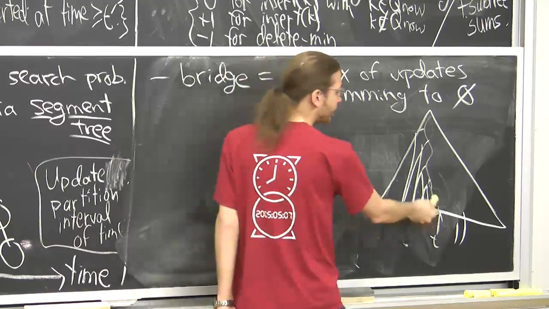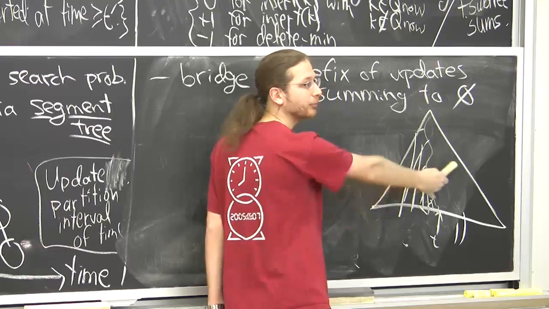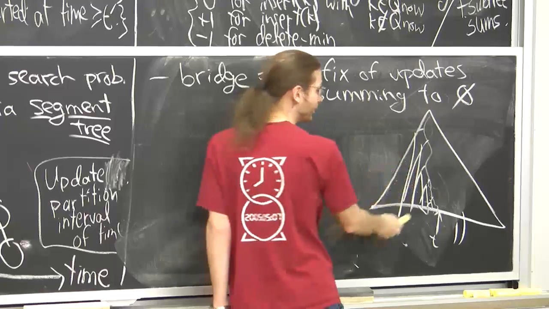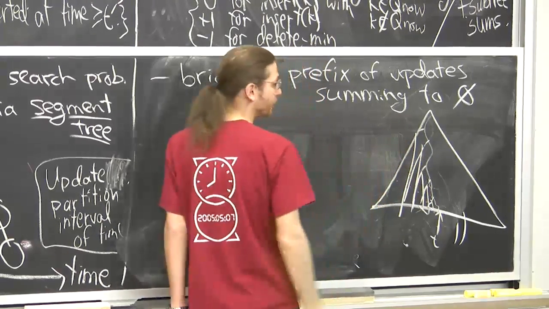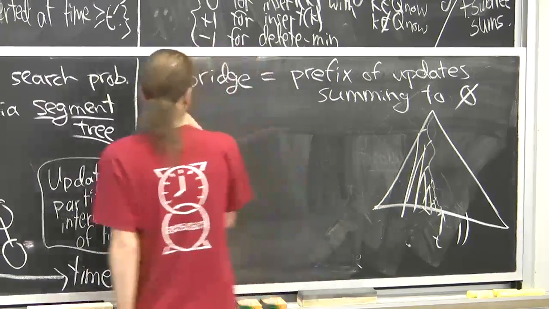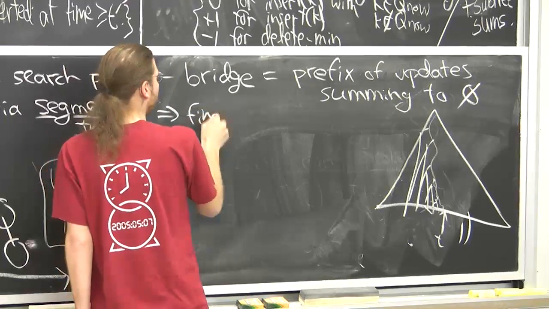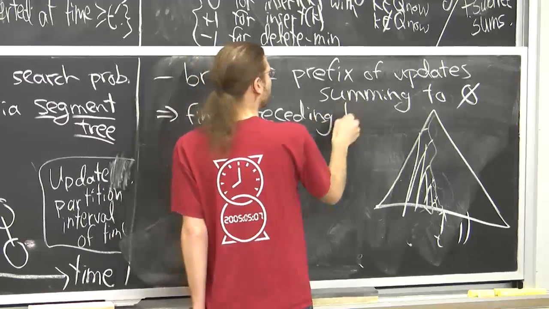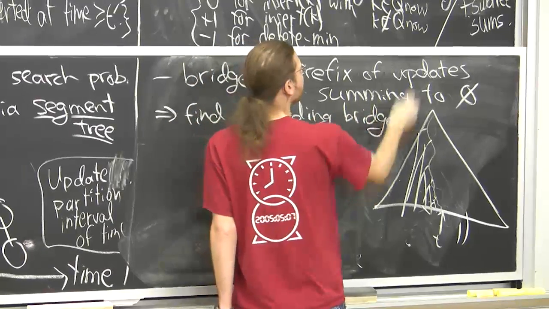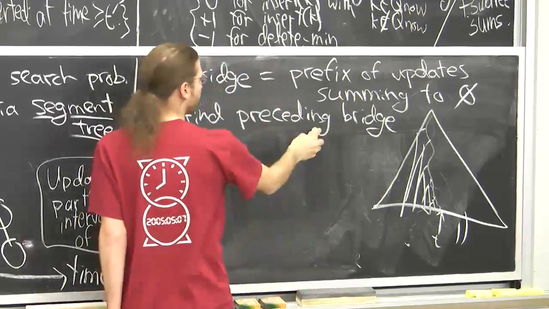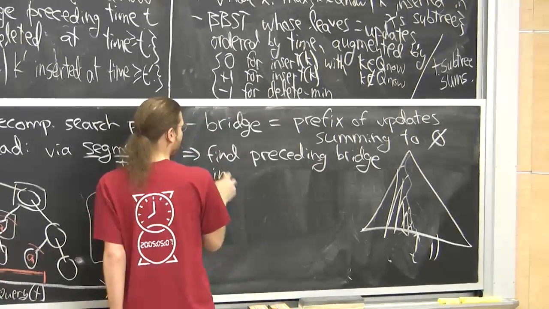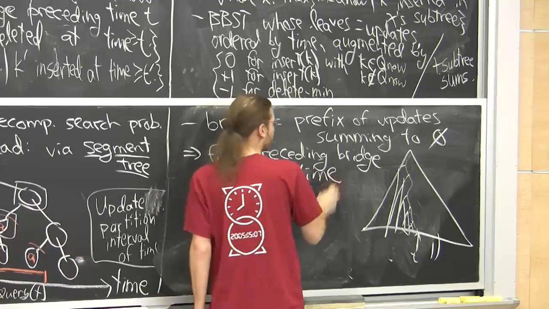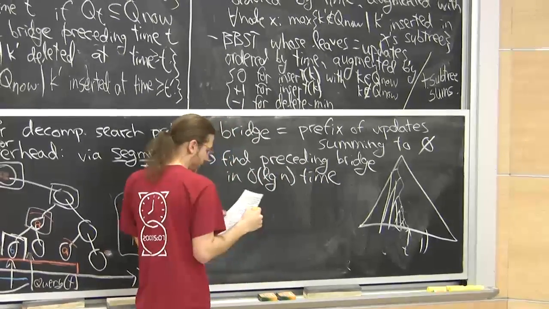If not, I compute the preceding point where the sum up to that point is 0. That should be relatively obvious how to do. It's a regular kind of walking up the tree. So in log n time, I can find the preceding bridge, because I have all these subtree sums, by a tree walk.